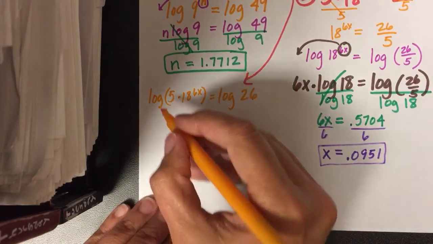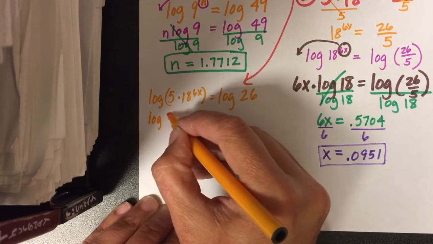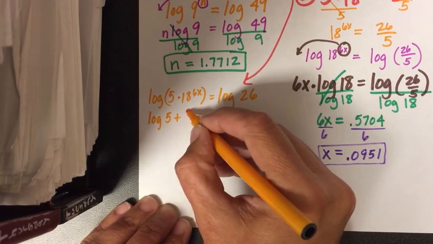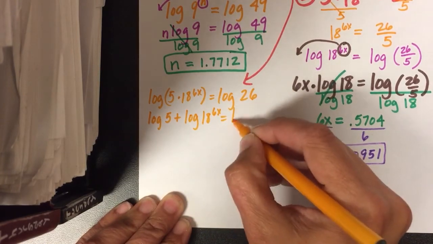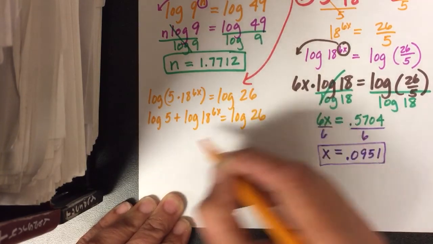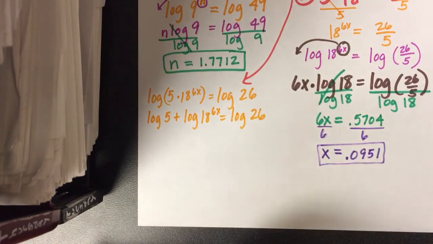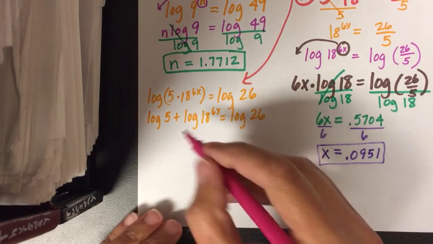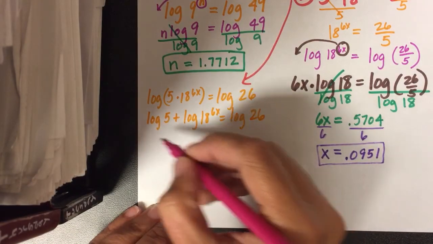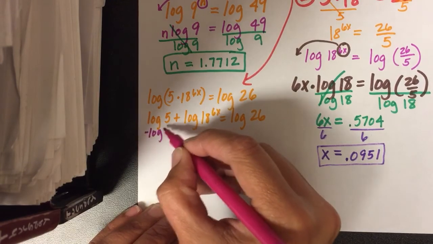So I would take log of 5 plus log of 18 to the 6x equals log of 26. I had to use the product rule to separate it. Then after that, I would subtract the log of 5 from both sides.